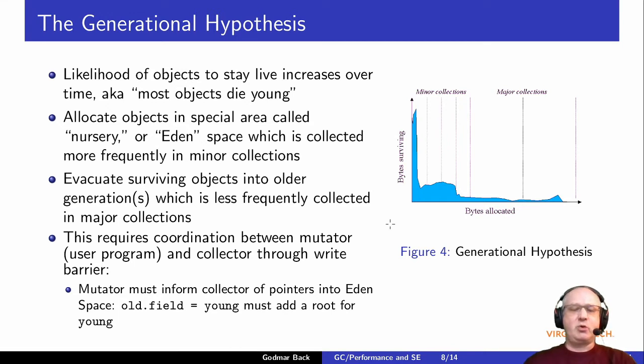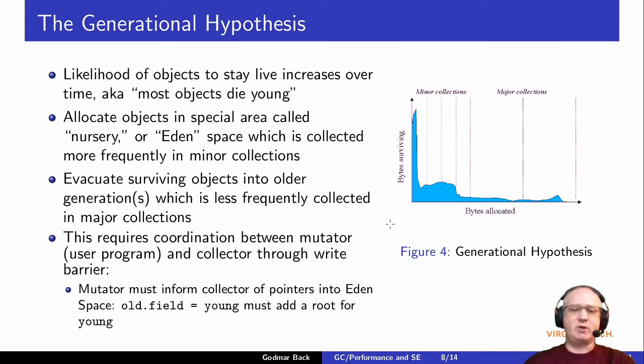Specifically, in order to be able to garbage collect the nursery separately from the remaining parts of the heap, it is necessary to treat pointers into Eden space as roots during that collection so that it's recognized that they are alive and that they won't be freed.